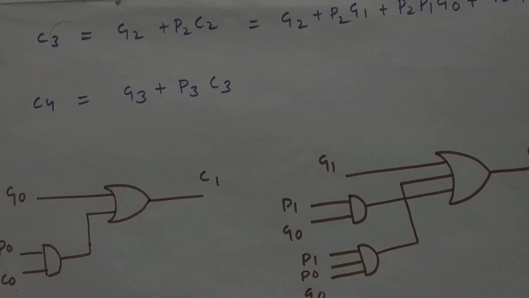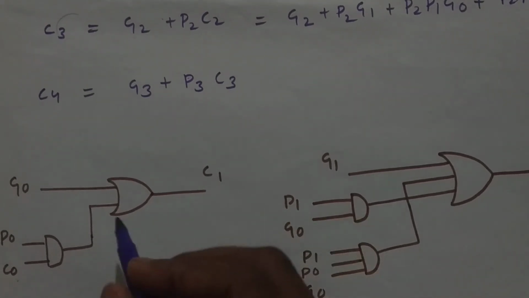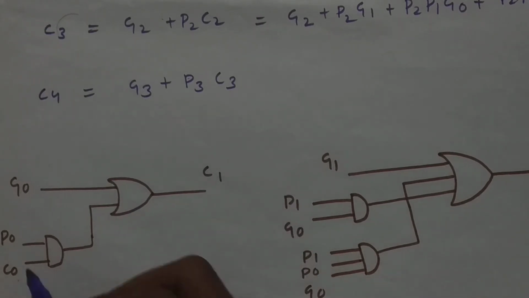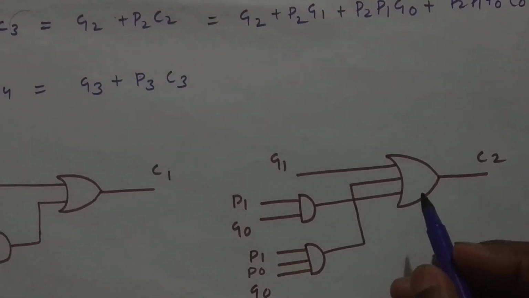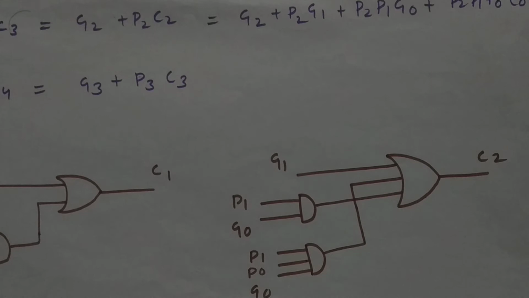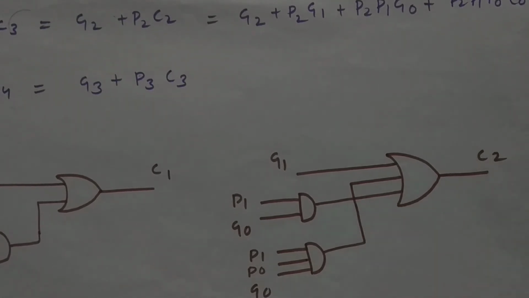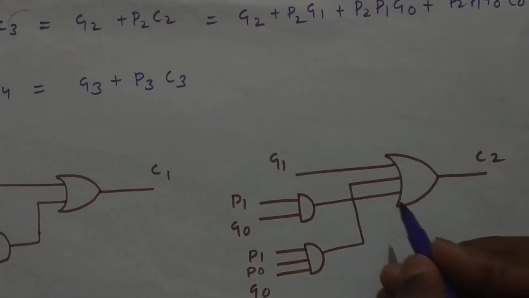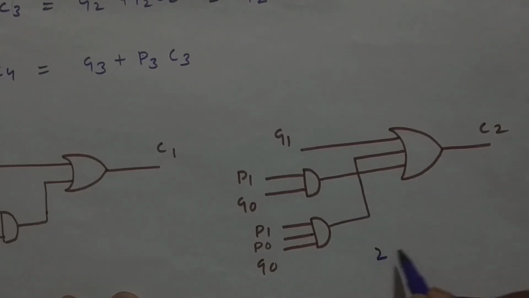As you can see, the carry is generated within 2 levels. C1 is dependent on an AND gate and an OR gate, and C2 will also look similar to C1. So we have only 2 level delay here.